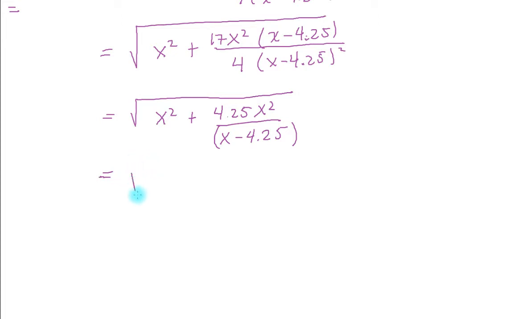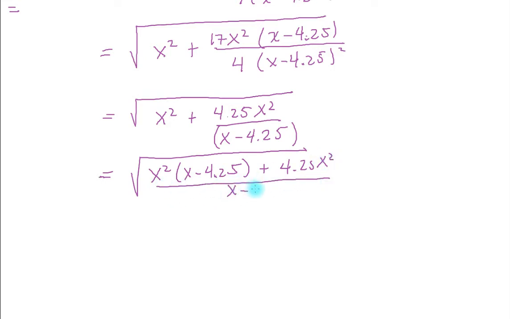Let's put the square root first. It will be x squared times x minus 4.25 plus 4.25x squared, divided by x minus 4.25. And this becomes what? Well, the square root. This multiplies x cubed. These two cancel, so we are left with x cubed divided by x minus 4.25.